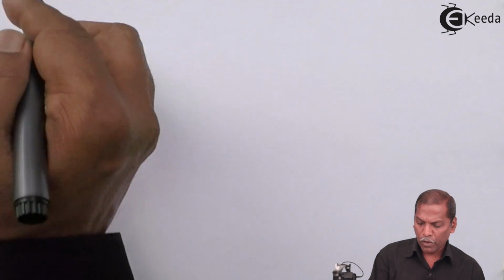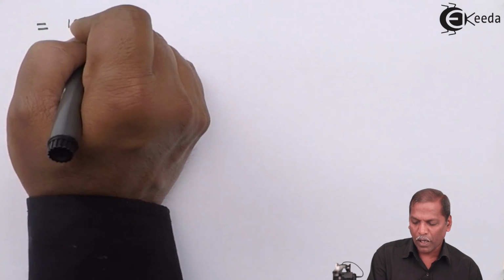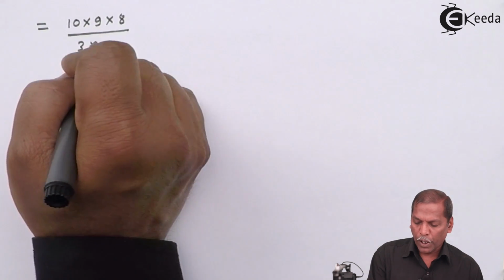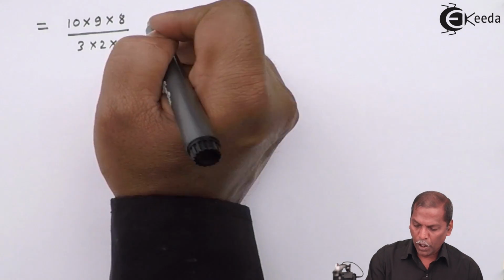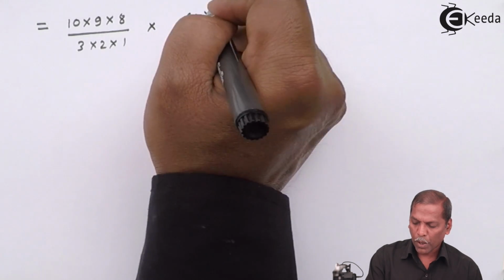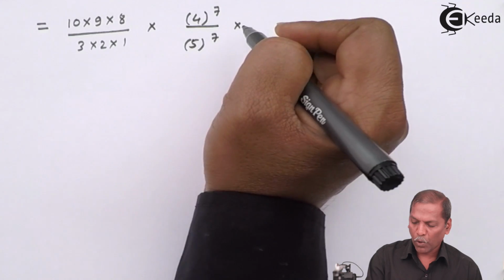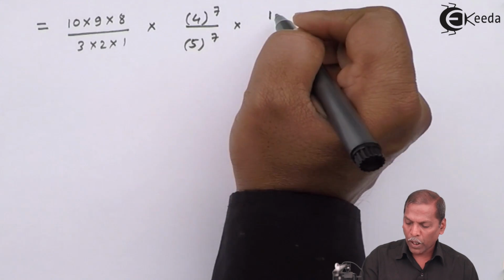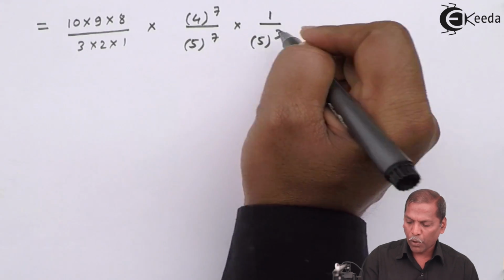On simplifying further, 10C3 can be written as 10 into 9 into 8 in the numerator upon 3 into 2 into 1 in the denominator, into we have 4 upon 5 raised 7, so that gives us 4 raised 7 upon 5 raised 7, into we have 1 upon 5 cube.